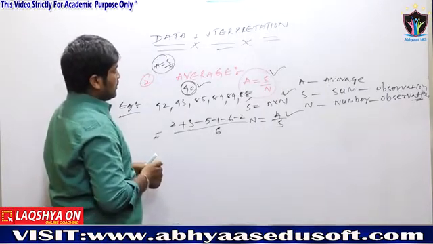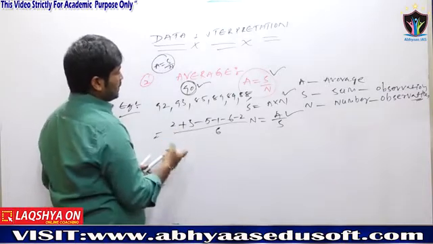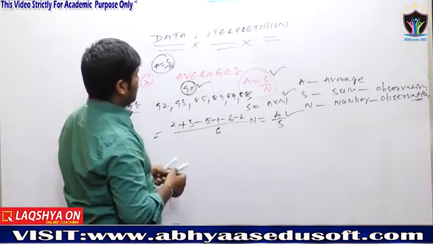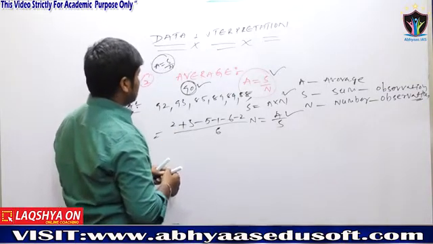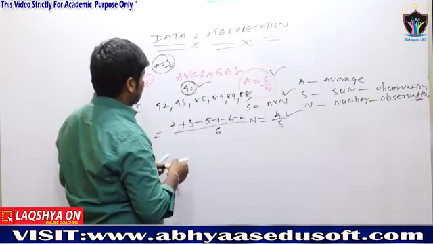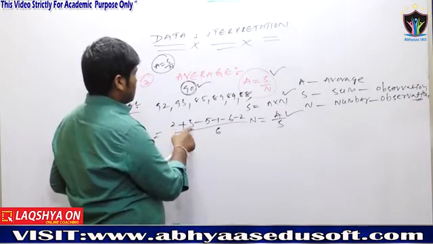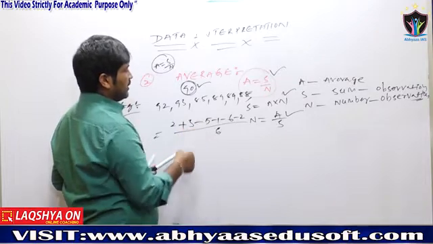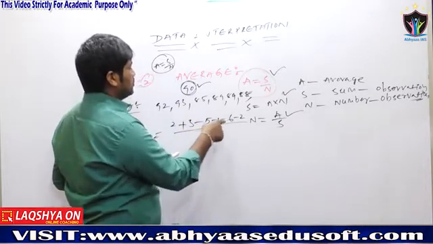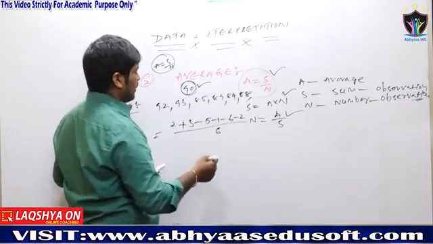Now you can take it like that, right friends? So here plus 2 plus 3 is plus 5, minus 5 cancels, then minus 2 minus 6 is minus 8, minus 9.